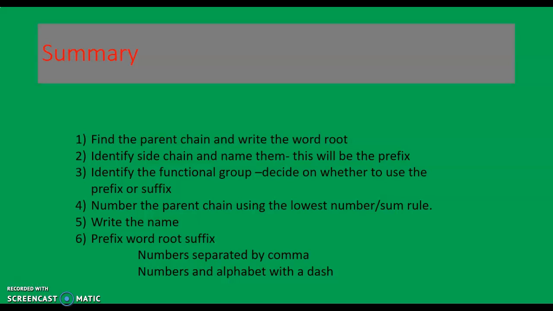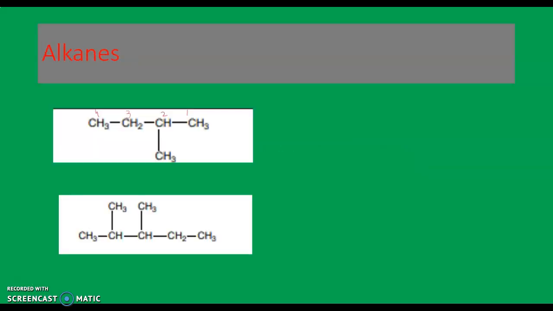If you're confident, then we can go ahead and look at some examples where we apply the rules. Let's look into these compounds, alkanes. Looking at the first example, you can number the compound from this direction. If you number the compound in this direction, we've got 4 carbon atoms.